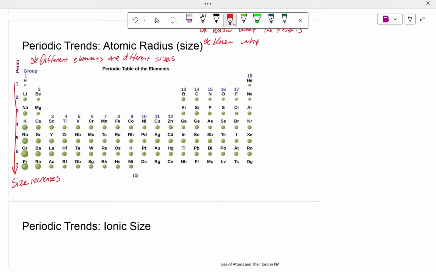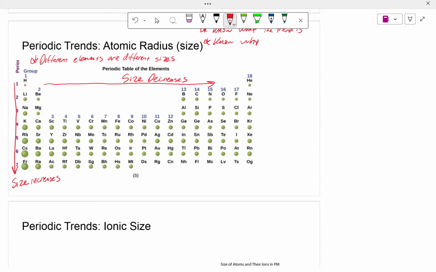And the general trend is that as you go from left to right, size decreases. Now let's talk about why size increases going from top to bottom.